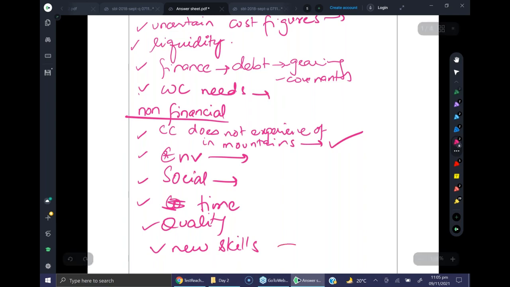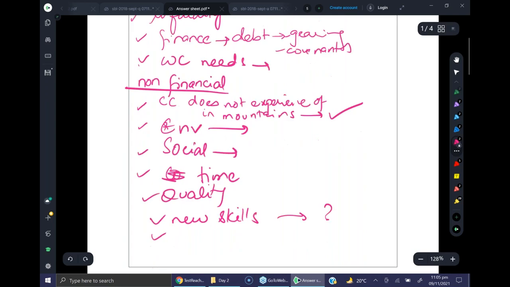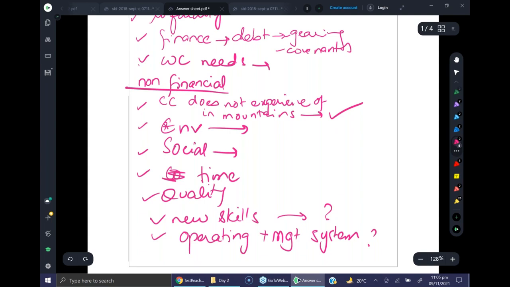Are these skills available? Would they be able to hire those skills? Do they have enough operating and management systems? Are they available? So a lot of non-financial factors can be discussed. These are again some of the ideas you can expand on in the question.